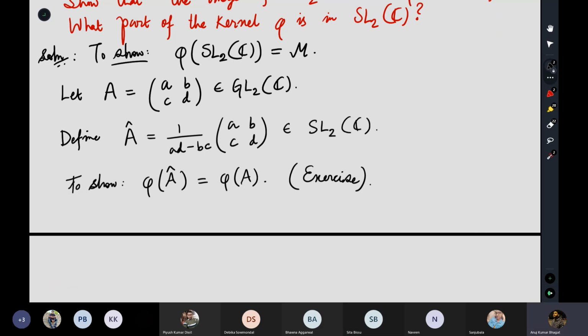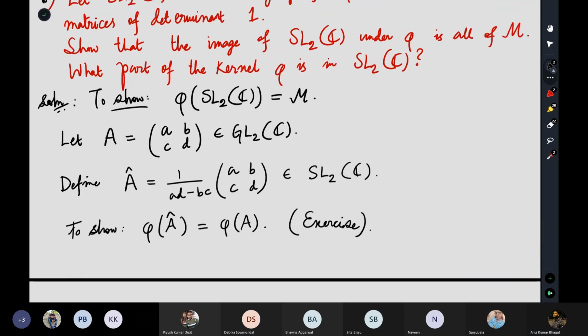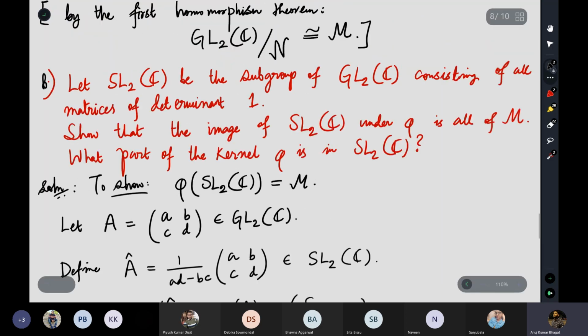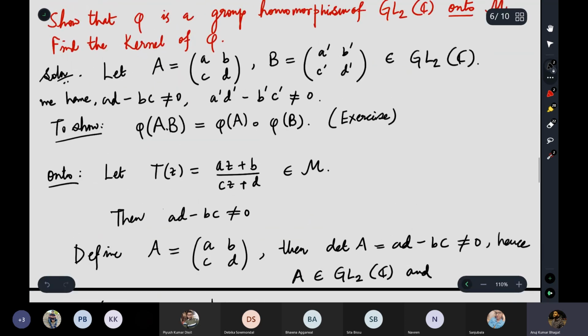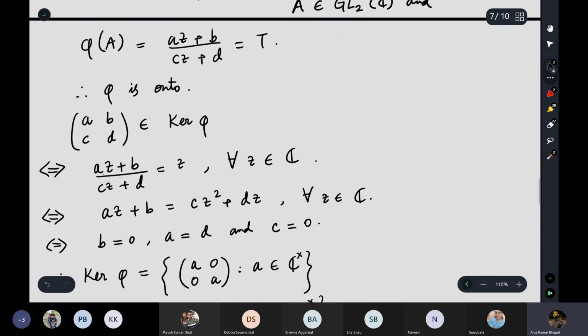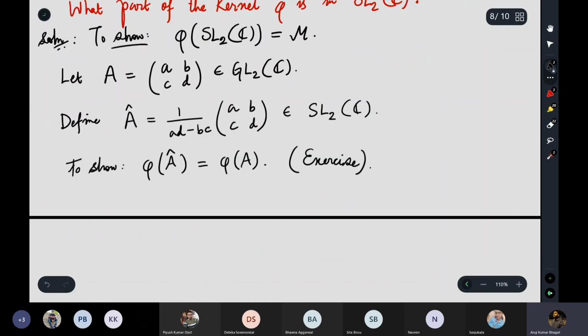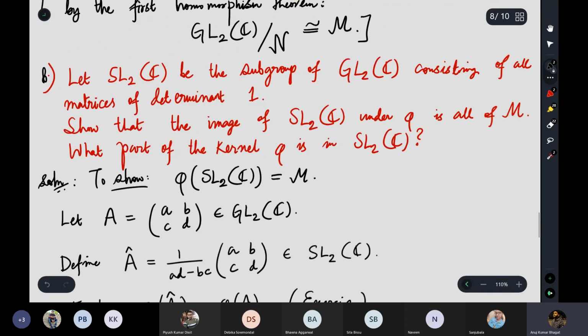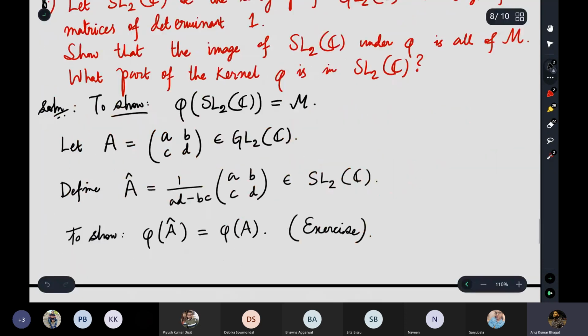Right, because you already know that this map is onto. So given any A in GL2C, if you define A cap like this, then you get a member of SL2C, and then this map will be onto, so that the image of SL2C under phi is all of M. So that part is done.